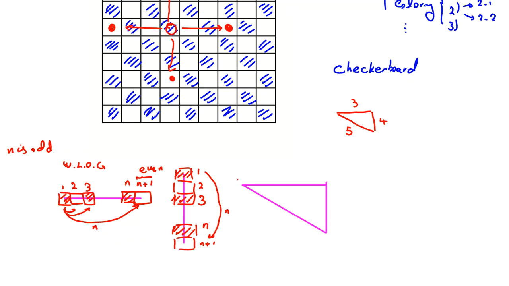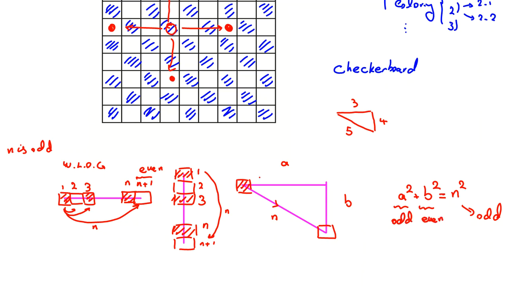Now, the hardest part here: the oblique move. Consider this one; without loss of generality, suppose this one is black. We want to see whether the target is white. It has a units here and b units here, so a squared plus b squared equals n squared. n is odd, so n squared is odd. So one of a and b is even and the other is odd, without loss of generality. Suppose a is odd and b is even. The first one, then the second one, and because we have a units here, it will be a plus 1. Because a is odd, a plus 1 is even.